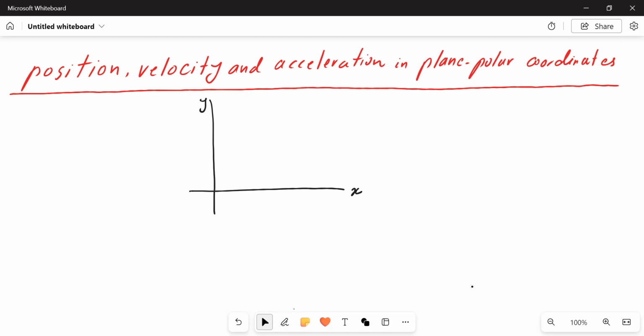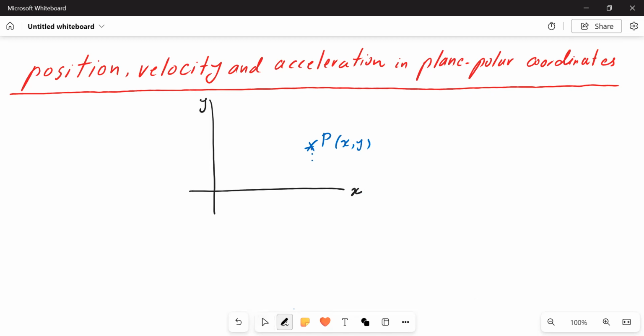So we'll just look into the two-dimensional Cartesian plane and see how we can define the plane polar coordinates. As you all know, I can identify any point in the two-dimensional plane, such as point P, by a pair of numbers, which I would name x and y.